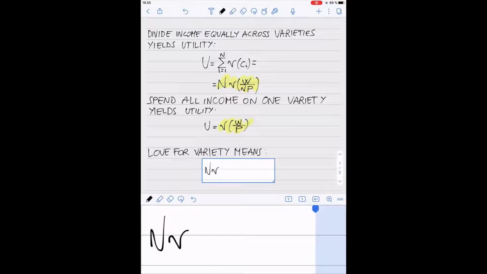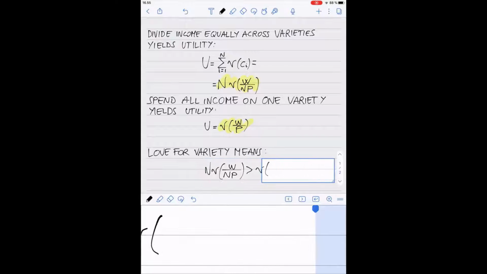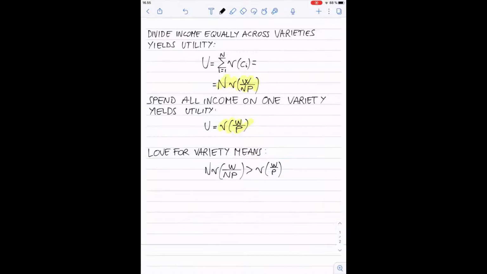N of V of W over NP, which is the utility that you get when you spread your income across the varieties, is actually larger than V of W over P, which is the utility that you get when you consume only one variety.